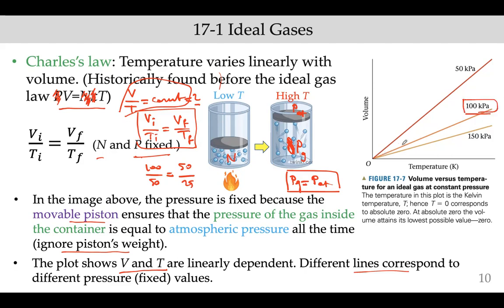So you would use this orange line to figure out the values of the temperatures for different values of volume. But if you go up a mountain, then the pressure may decrease. So in that case, you should use this line. Or if you have a lab environment where you can go to higher pressures, then you would use this one.